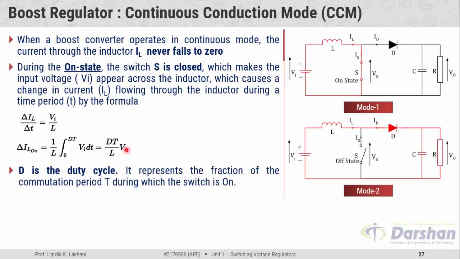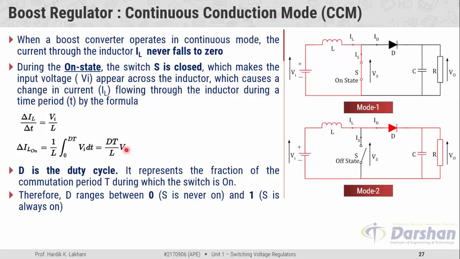As we know, D is the duty cycle, it represents the portion of the entire cycle period T during which the switch is on. That is nothing but duty cycle represents the on time divided by the total time provided to the switch. Therefore, D ranges between 0 and 1.